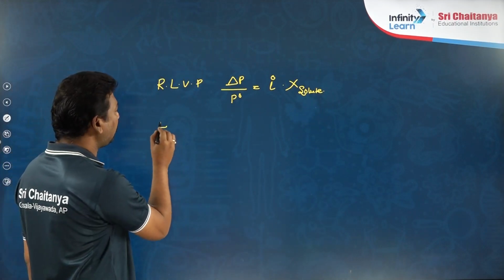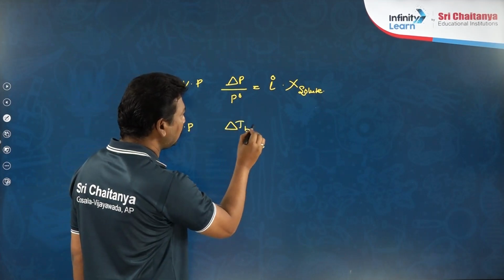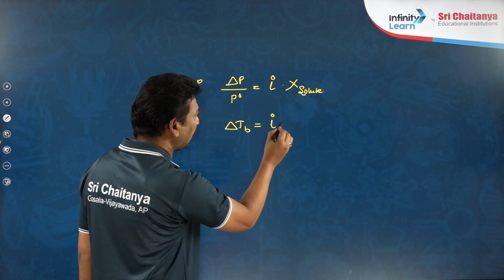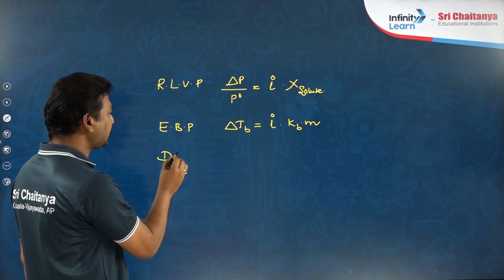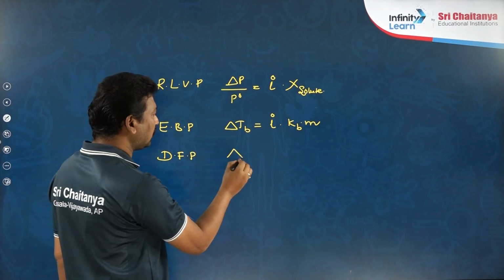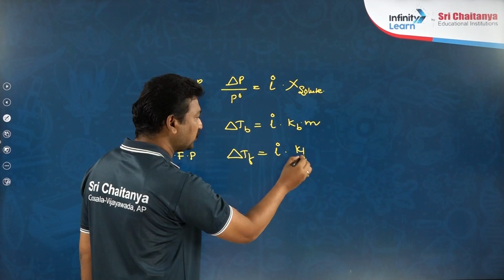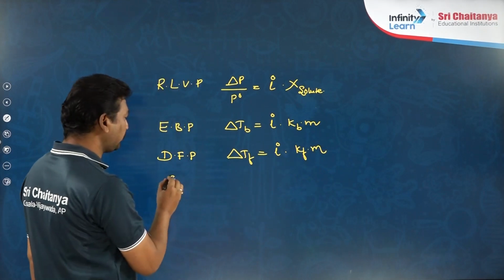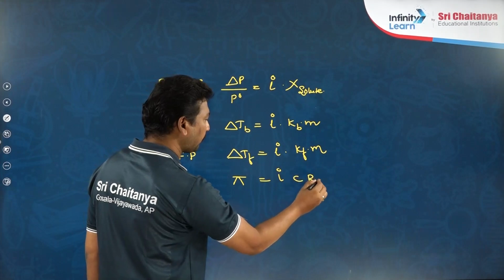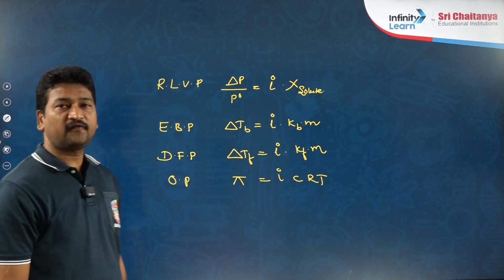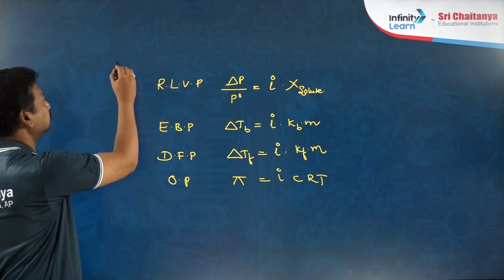Similarly, elevation in boiling point, delta Tb is equal to i into Kb into molality. Depression in freezing point, delta Tf is equal to i into Kf into molality. Osmotic pressure, pi is equal to iCRT. These are modified colligative properties or abnormal colligative properties.